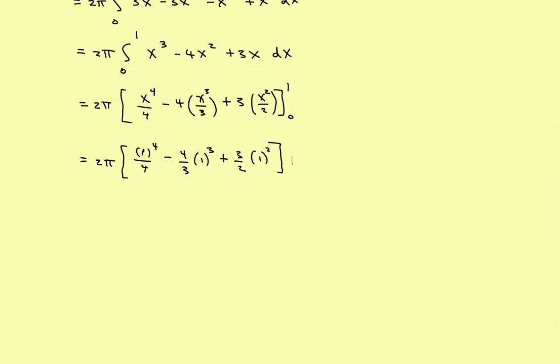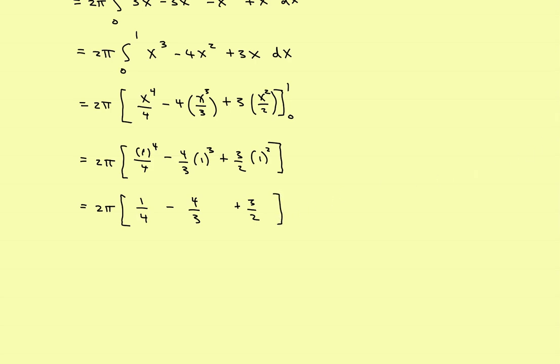Now then you'd also have minus 0, but since they're all 0, we won't put that one in here. So this will change into 2 pi times 1/4 minus 4/3 plus 3/2.